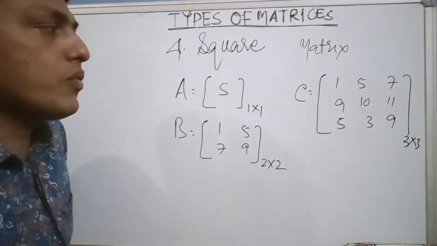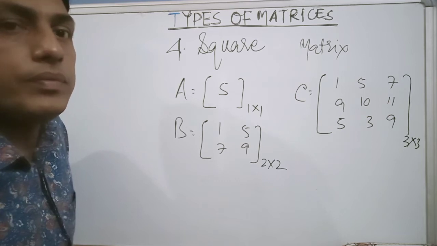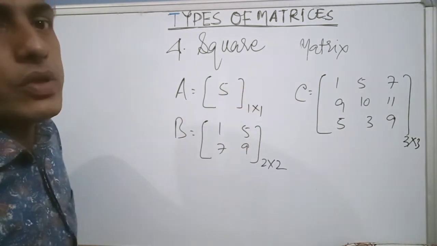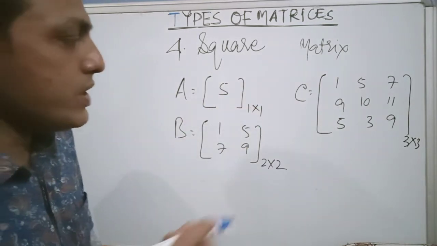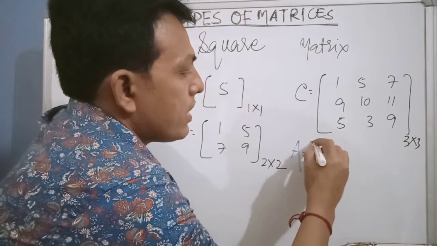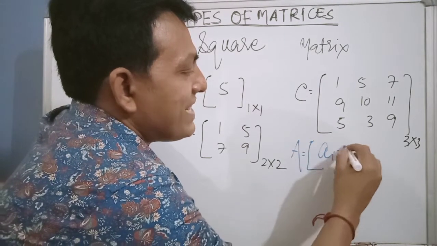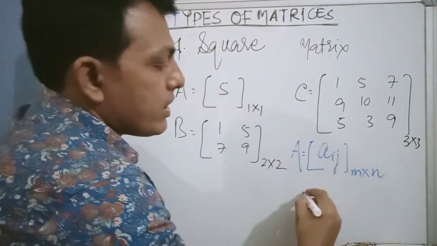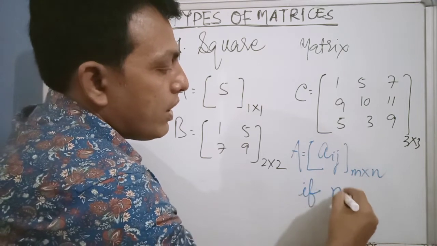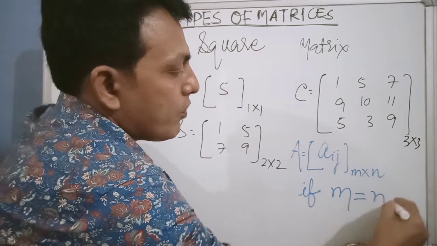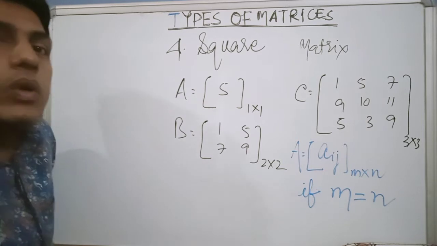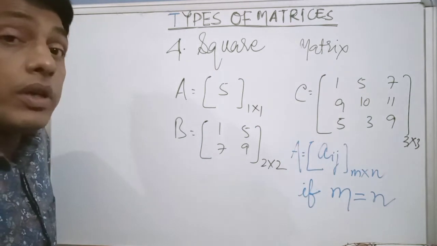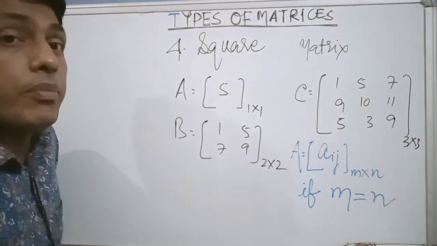Number of rows and number of columns are equal. Correct? So these are square matrices. So in the symbolic form, matrix A ij of order m by n is a square matrix if number of rows and number of columns are equal. Correct?